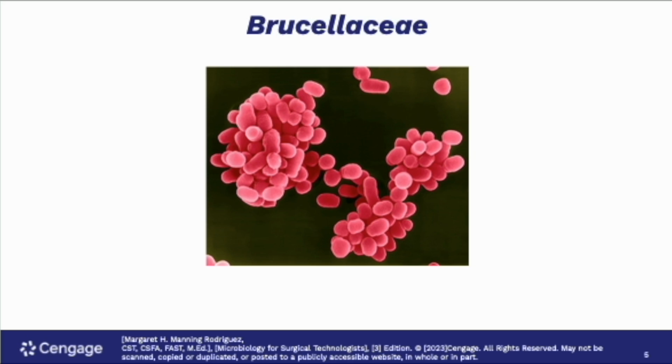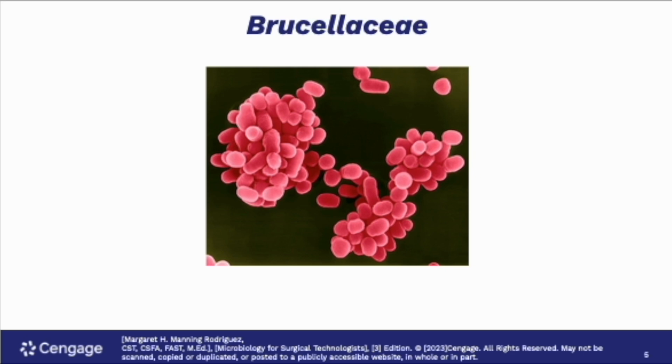Once inside, they live in the RES, which includes your organs like your liver, your spleen, lymph nodes, and can form granulomas, which are small areas of inflammation. There are 6 species, 4 of which infect humans and cause brucellosis, which is a zoonotic animal-to-human disease.